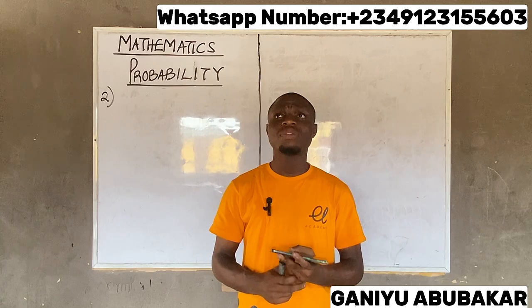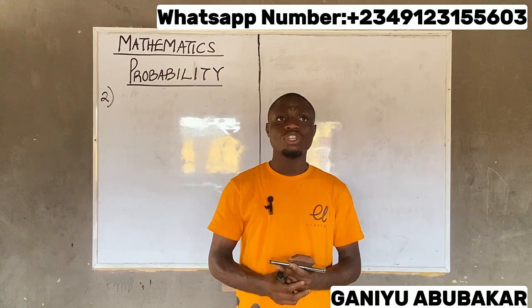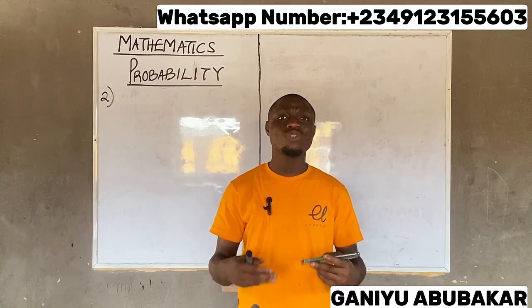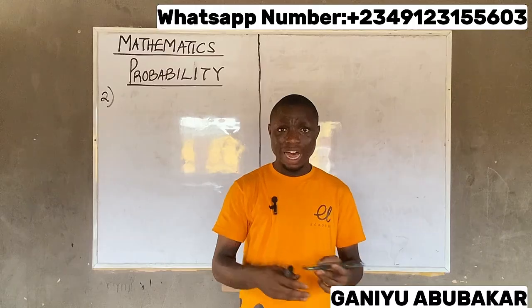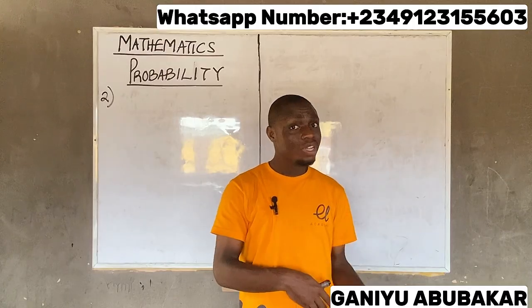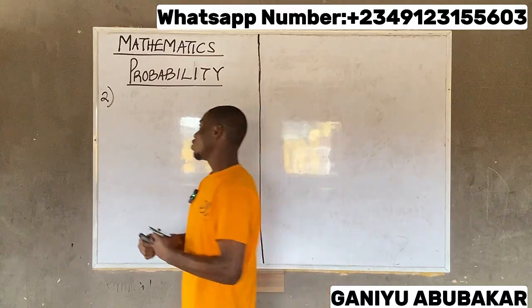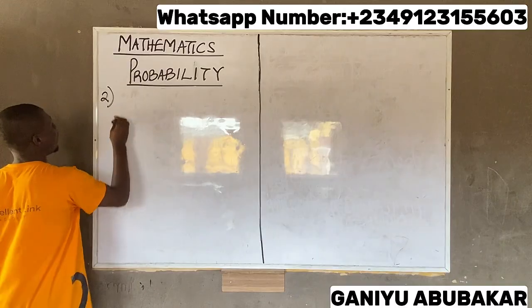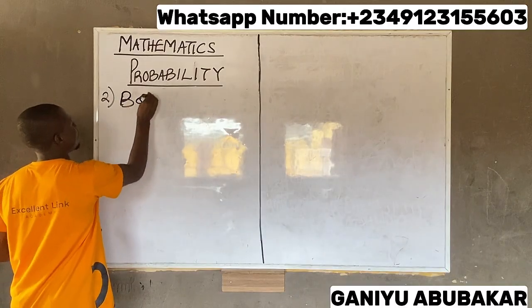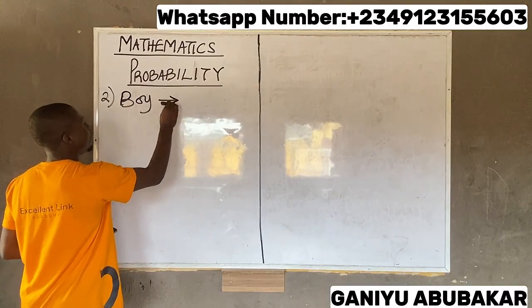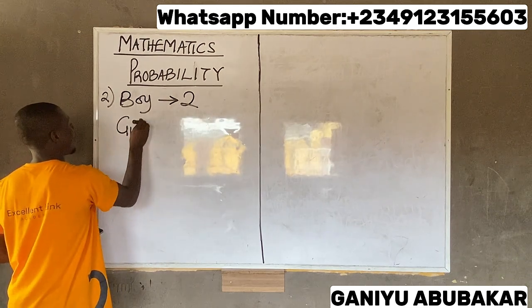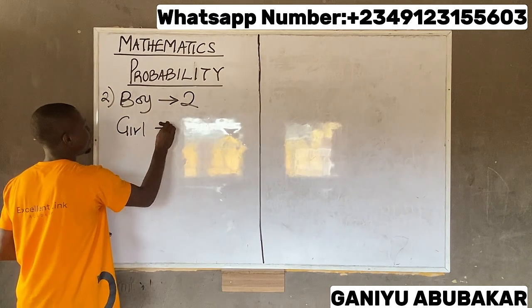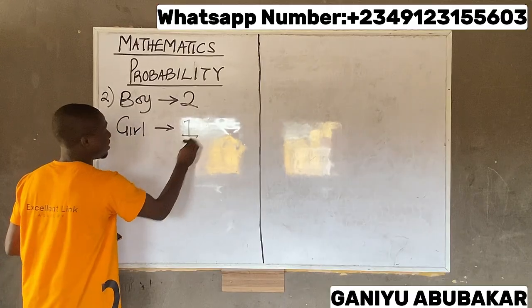Whenever you read a question in probability, your task is to write out what you are given. In this question, I'm given both son and daughter, that is boy and girl. I am given boys, that's sons. How many are there in the family? There are two boys. For the girl, daughter, how many are they? Just one.